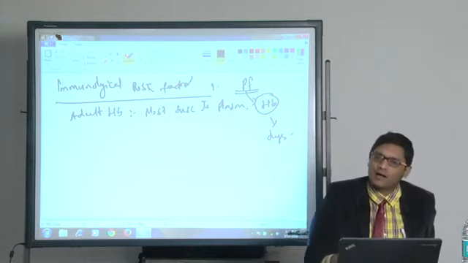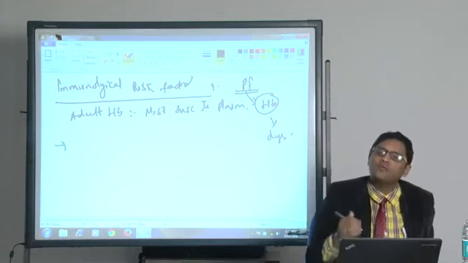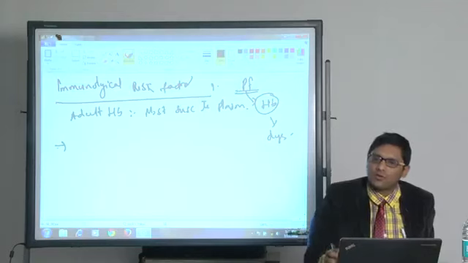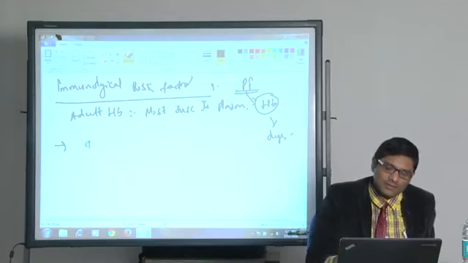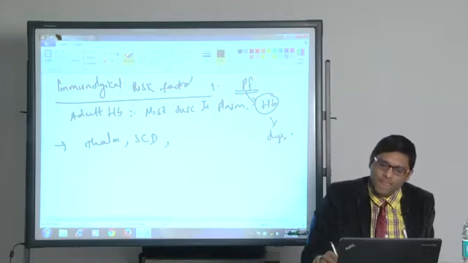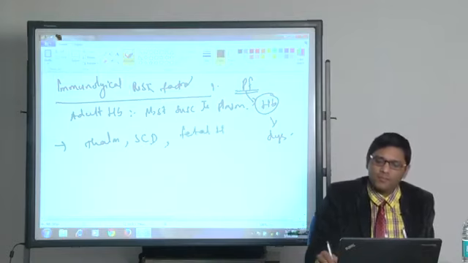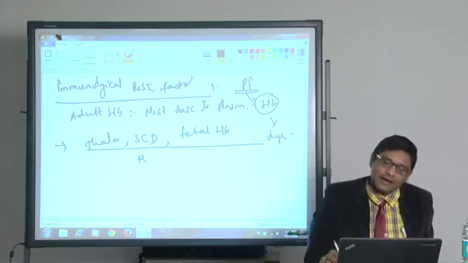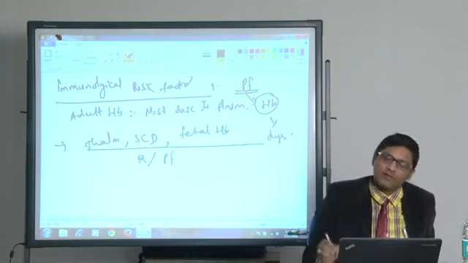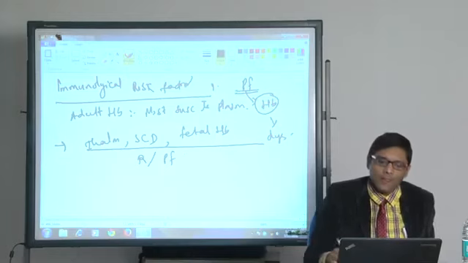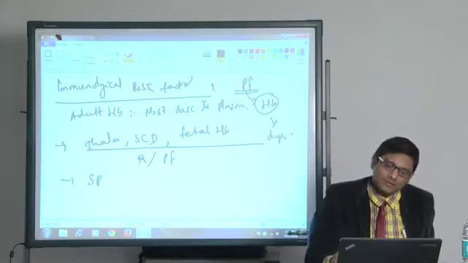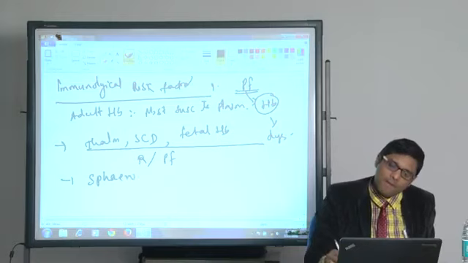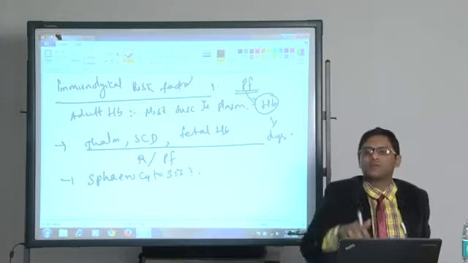However, there are certain conditions, like if you have a defective hemoglobin like thalassemia, sickle cell disease, or fetal hemoglobin, in all these cases they are resistant to Plasmodium falciparum, and even spherocytosis. In spherocytosis, the RBC is fixed, it is not flexible.